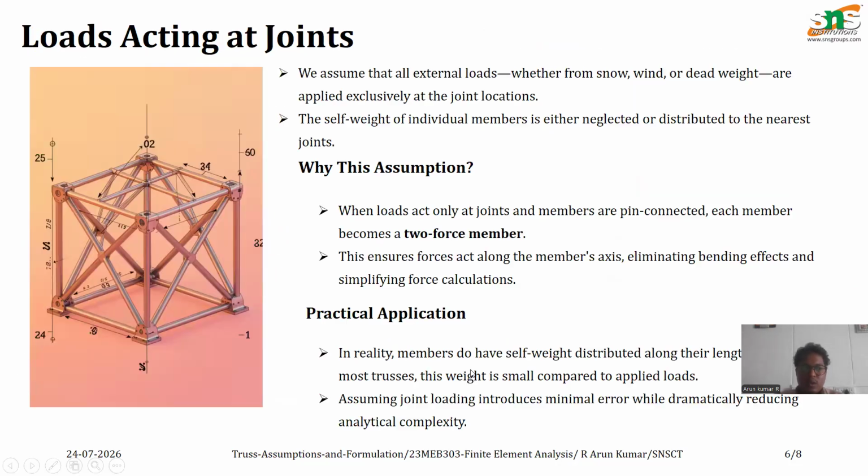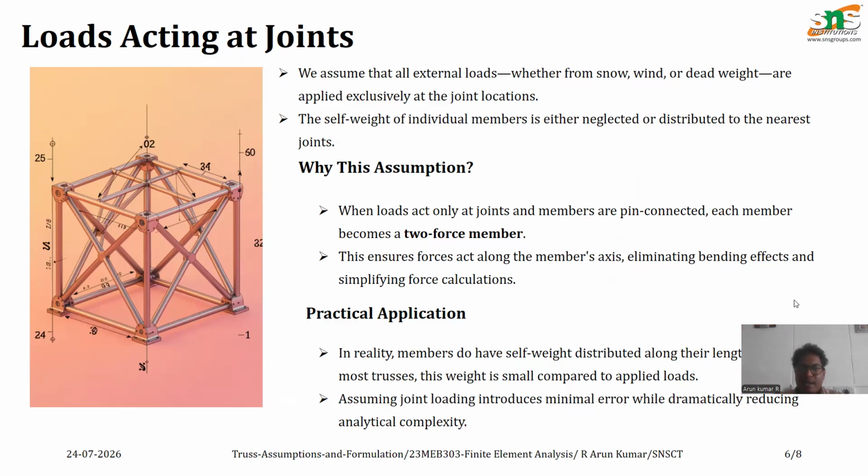So the next one is the load acting at the joint. We assume that all the external loads, whether from snow, wind, or weight, are applied exclusively at the joint locations. The self weight of individual members is either neglected or distributed to the nearest joint. So why this assumption? When the load acts on the joint and the members are pin connected, each member becomes a two force member. This ensures the force acts along the member's axis, eliminating bending effects and simplifying the force calculations.